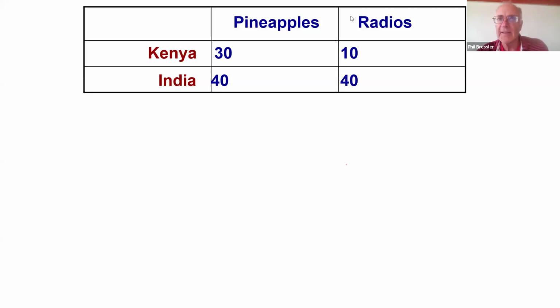Now, what do I mean? If I'm trying to figure out the comparative advantage, I go output equals other over. So for Kenya, if I'm trying to figure out their opportunity cost for pineapples, the other is radios over pineapples. So 10 over 30.